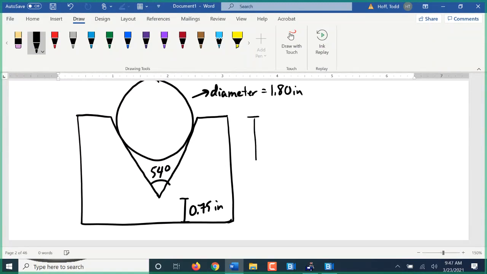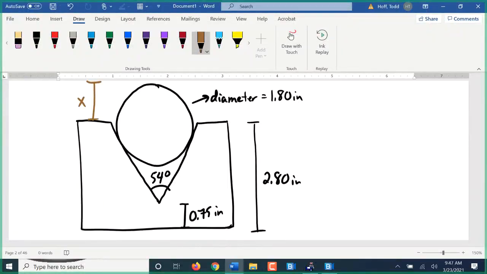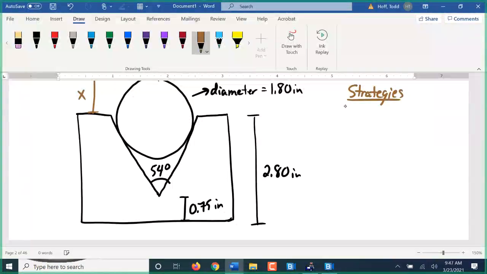And let's say that this overall height here is 2.8 inches. What I want to find is a dimension x here. How far is that dowel sticking up above the top of this V block? So finding missing dimensions like this, there are two strategies. One possible strategy is to add up smaller dimensions.